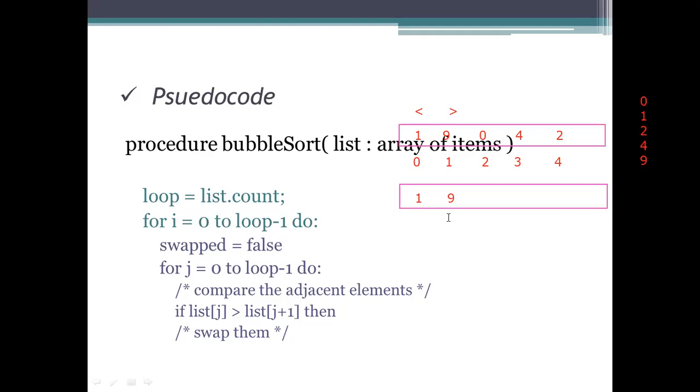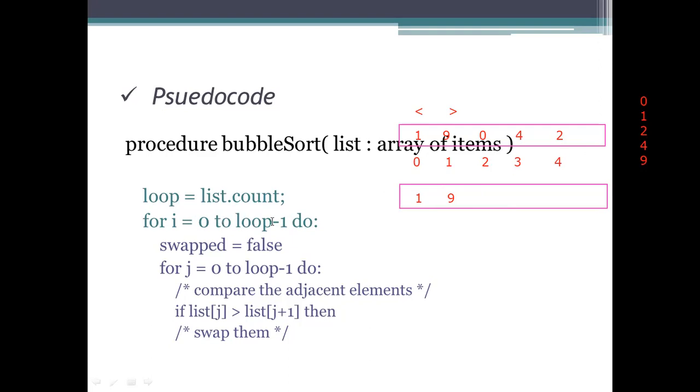But we are not taking all 5 elements. We take only one element for processing, and the remaining elements have to be compared with that element. So we specify the range from 0 to loop minus 1. Here we compare the 4 values with that one. When storing them into the array, the count will be decreased.